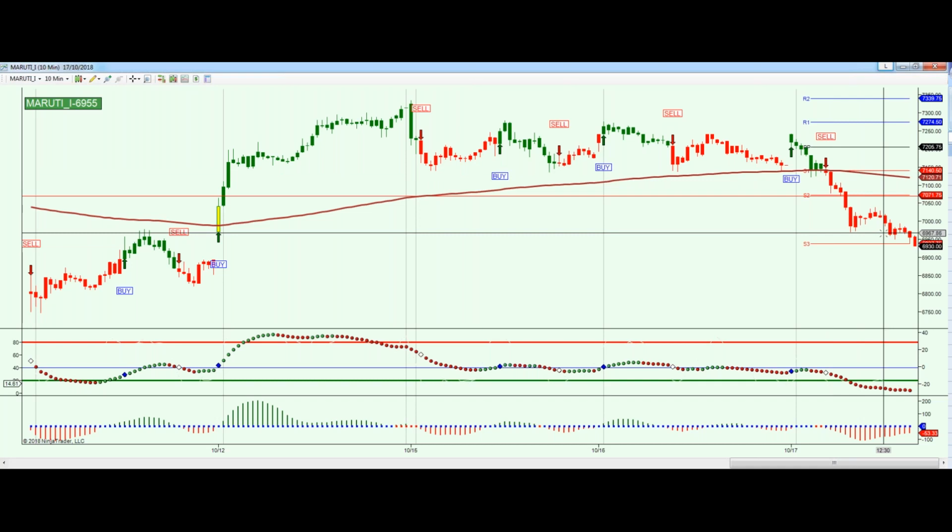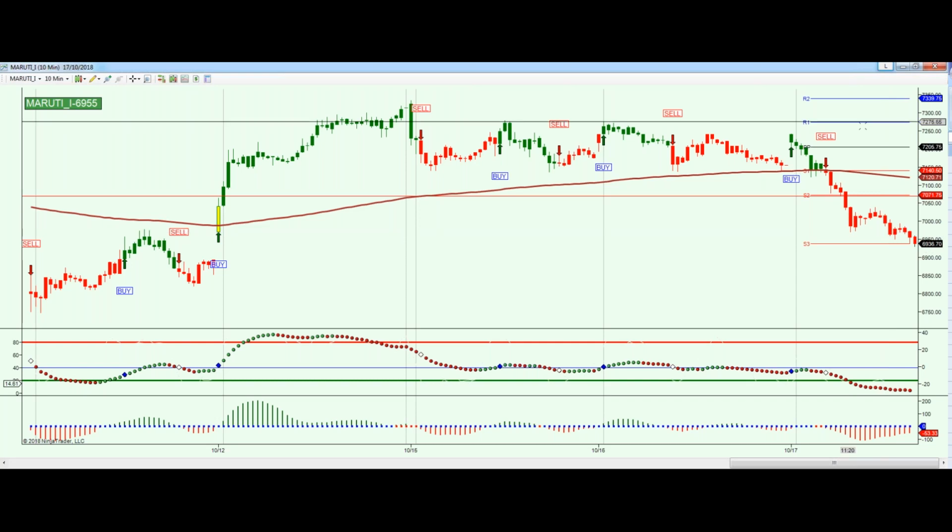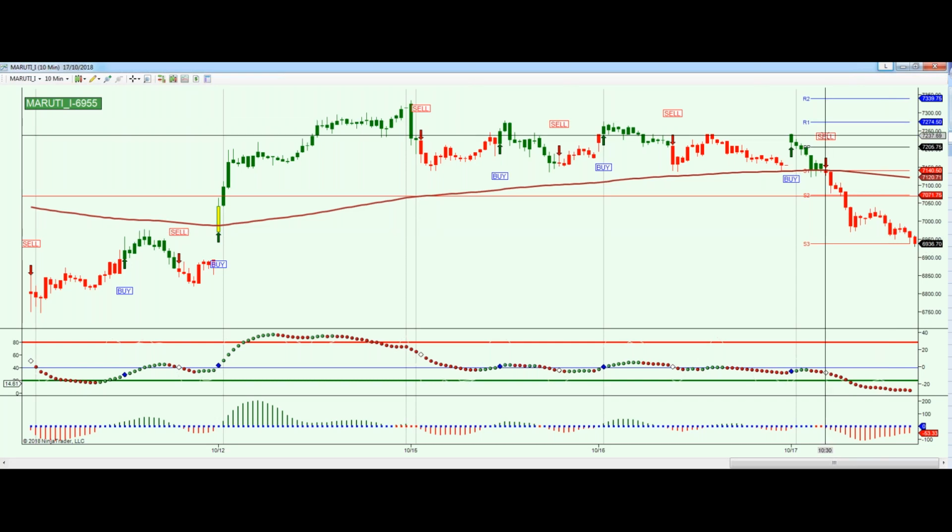That very rarely happens. So what you do is wait for some time. You can see most of the calls got generated at around 10:30. Usually there is a trend reversal at 10:30 for most of the calls. You can see the timeline here, Maruti, 10:30.